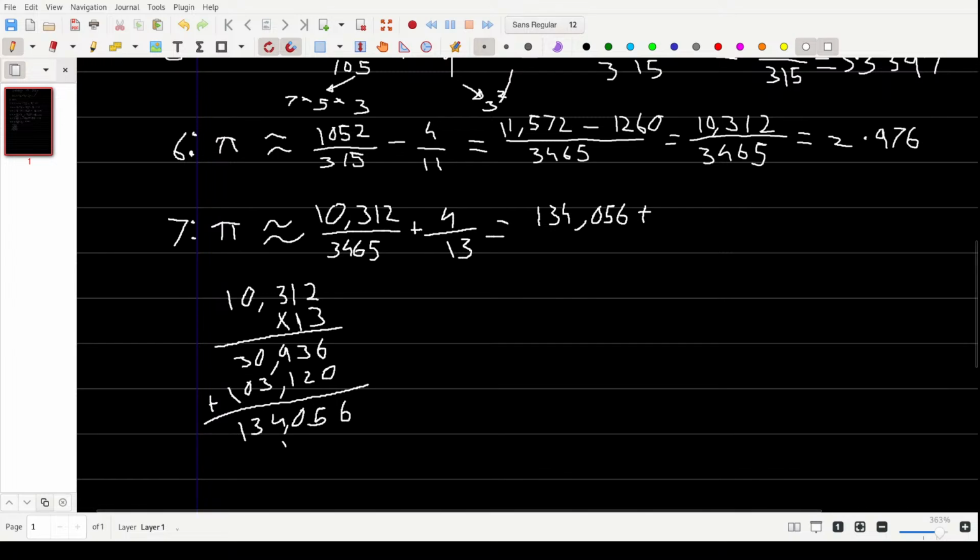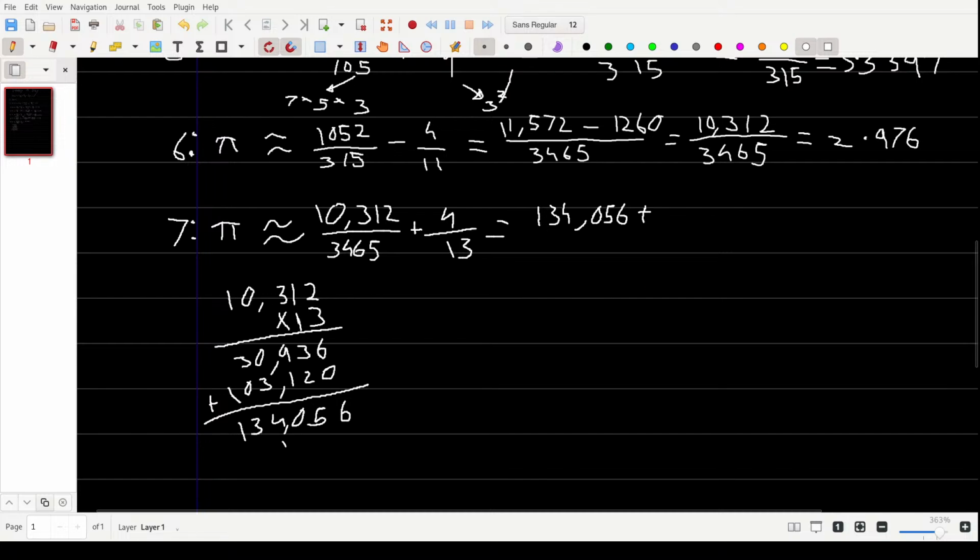So that goes 136. And then this is going to be 1384. Pi is based. So this is going to be 1, 3, 8, 4.